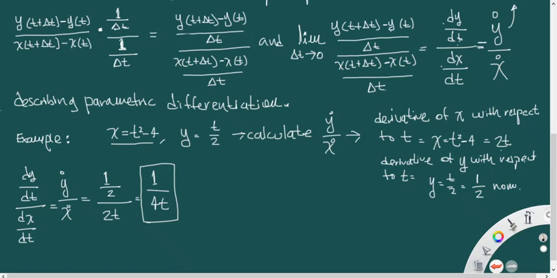And the derivative of y with respect to t, where y is equal to t divided by 2: the derivative of t is 1, so this is equal to 1/2. Now we have the derivative of y, which is 1/2, divided by the derivative of x with respect to t, which is 2t. Performing these calculations, we end up with 1 over 4t.